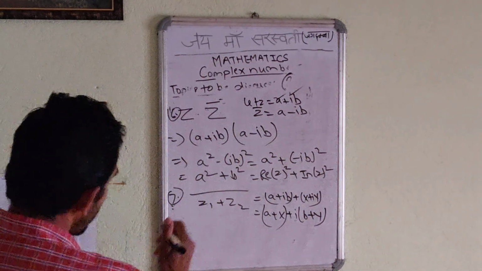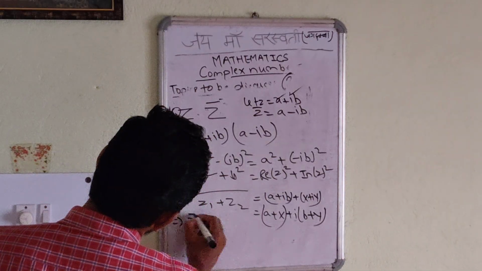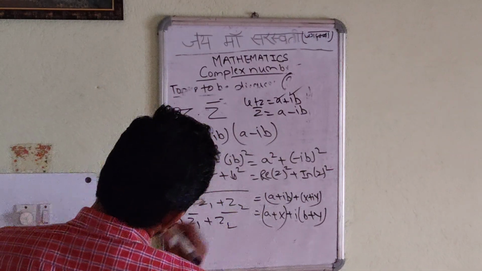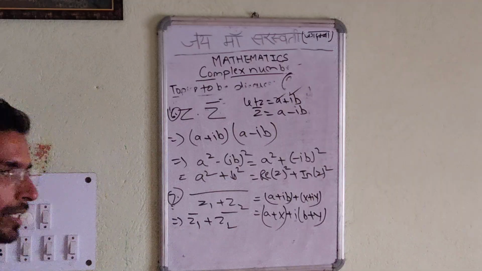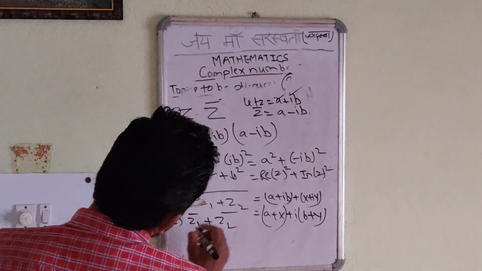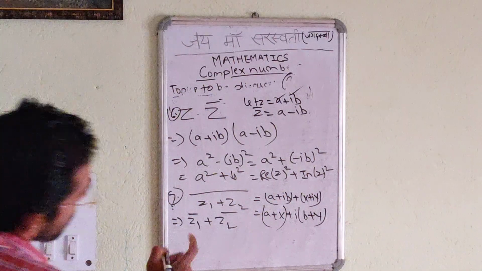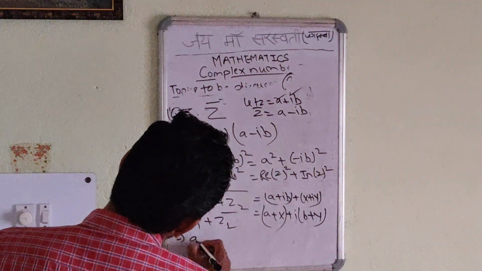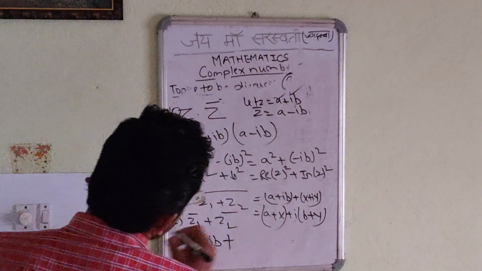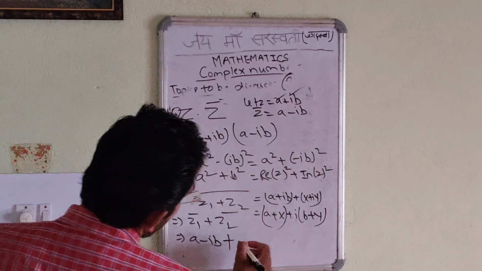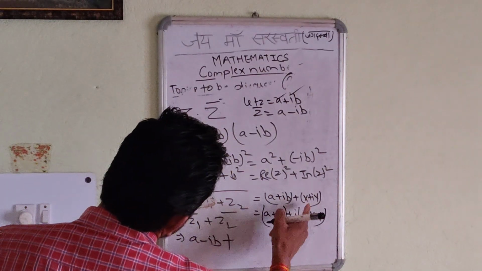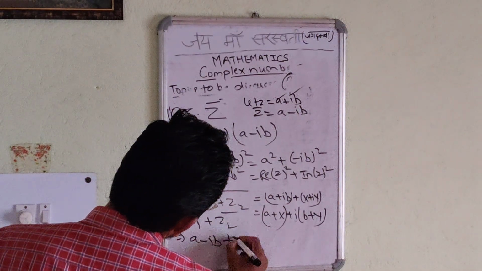As per the theorem, it is z1 conjugate plus z2 conjugate. Z1 conjugate will be a minus ib, plus z2 conjugate, which is x minus iy.